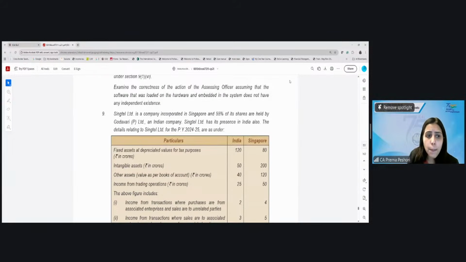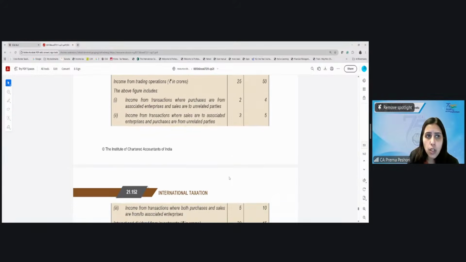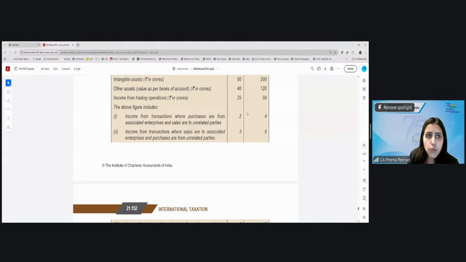So first let's identify whether this company has the active business outside India. So what is the first test? Passive income is less than 50% of the total income. Now what is the total income first of all here?